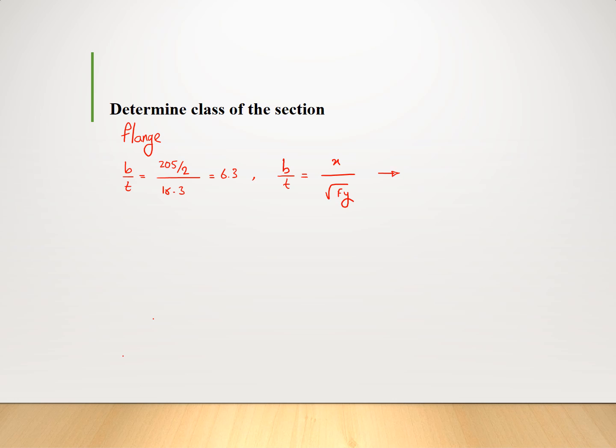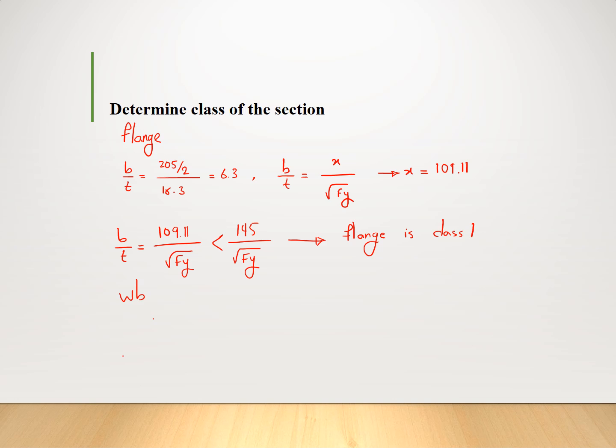If we want to calculate X, it will be 109.11, and B over T, which is 109.11 over square root of Fy, is lower than 145 over square root of Fy. Therefore, flange is class 1.